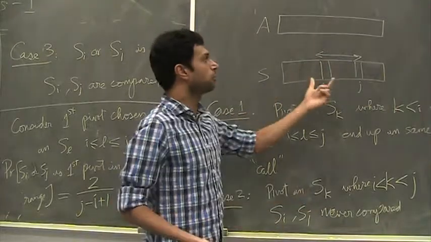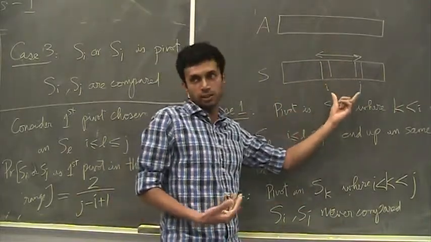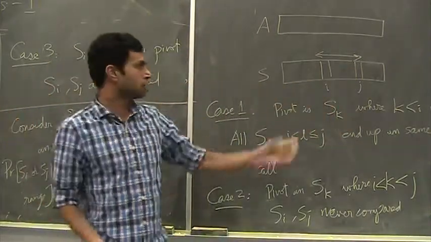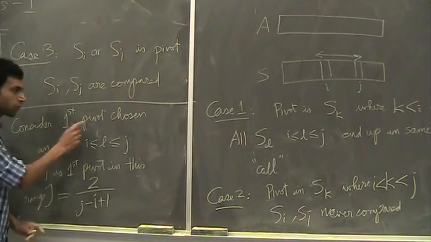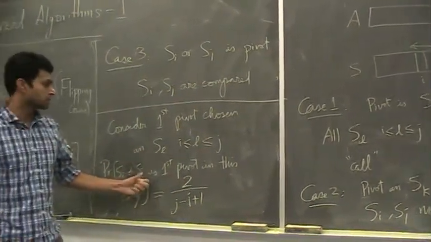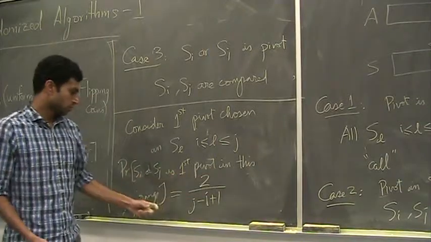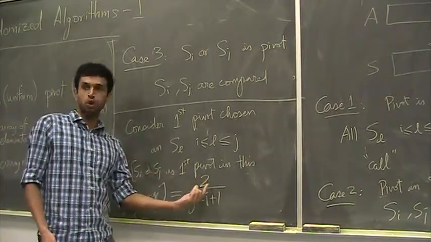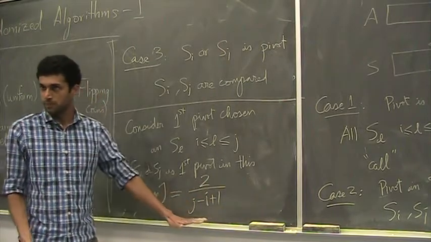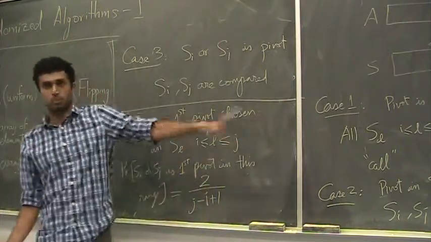And you know that at some point, something in here has to be chosen as the pivot, as the recursive calls keep moving. So the question is, what is the first pivot that is chosen within this range? And the probability that Si or Sj is the first pivot is the two choices, which are i and j, divided by j minus i plus 1. We'll plug this into that formula.